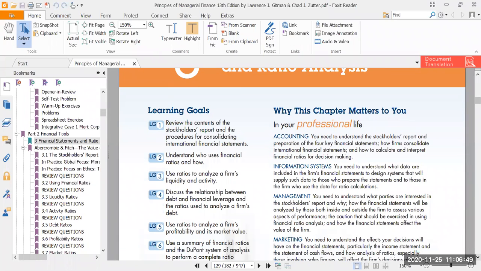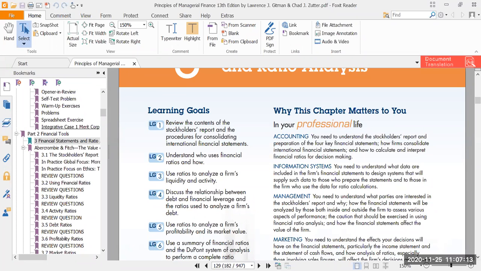Then we are going to discuss the relationship between debt and financial leverage, and we will study the ratios related to financial leverage and debt. Then again, we are going to analyze these ratios for the firm's financial health.